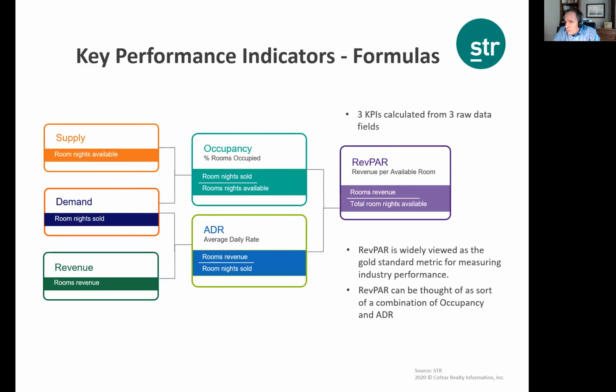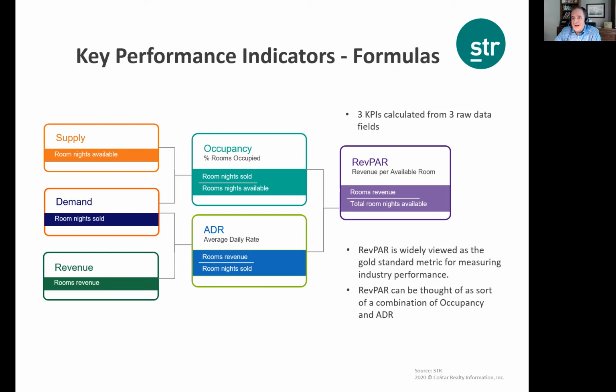So here are a couple graphics when it comes to the KPIs. Let's look at this one first. On the left-hand side, you see the raw data fields. Supply, again, room nights available. Demand, room nights sold. Revenue, room revenue. Now think of it from supply and demand: demand divided by supply, room nights sold divided by room nights available. What does that give you?